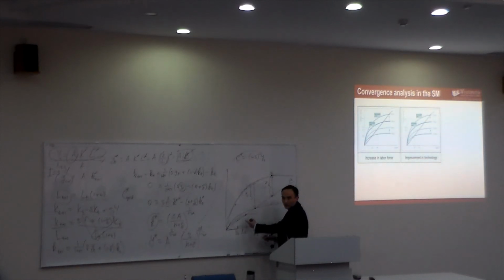So if the economy of Uzbekistan is somewhere here, our saving rate is, let's say, 10%, and 90% is consumption. So now we may reach this level if our saving rate reaches 30%, let's suppose.